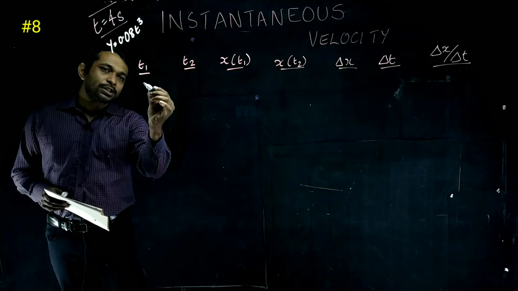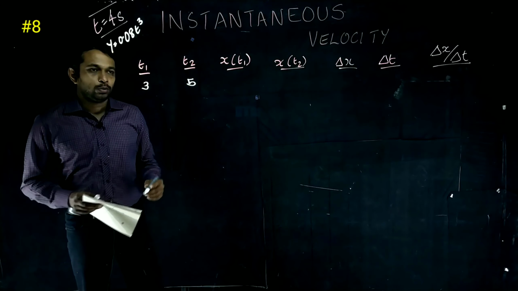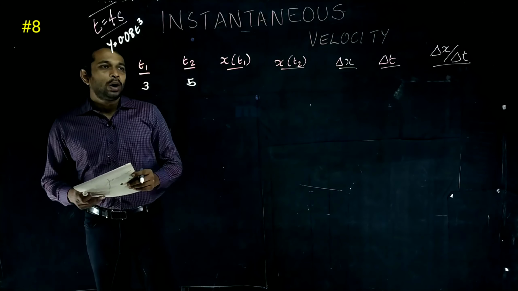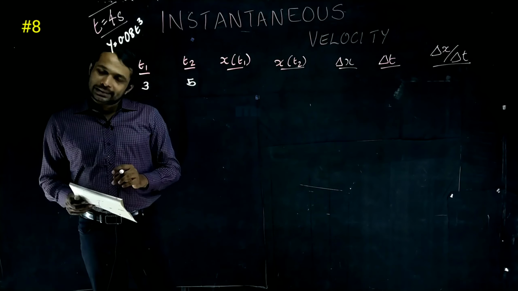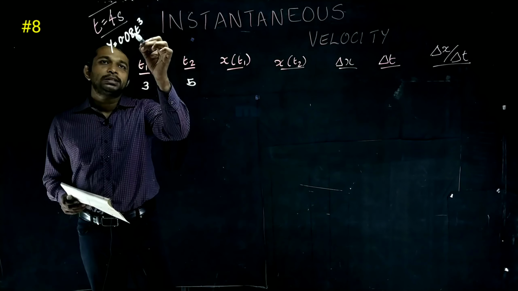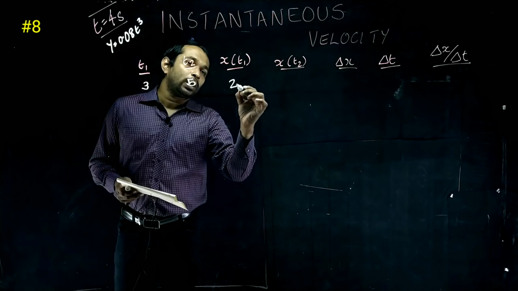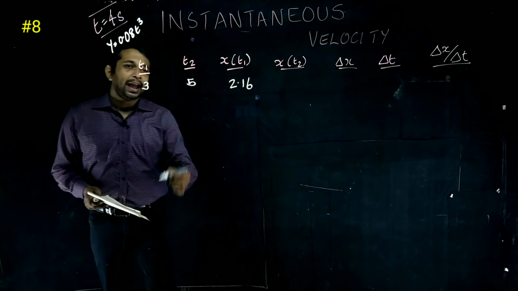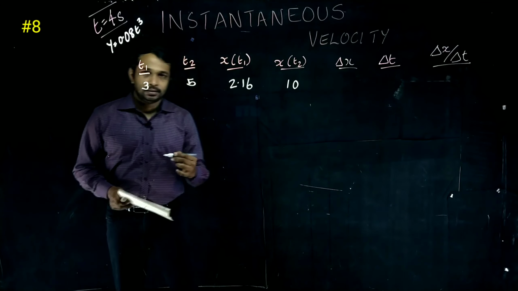So let t1 be 3 and t2 be 5. Now you know the distance at t equal to 3 seconds: 0.08 into 3 cube, which is 2.16 meters, and similarly for 5 seconds it is 10 meters.